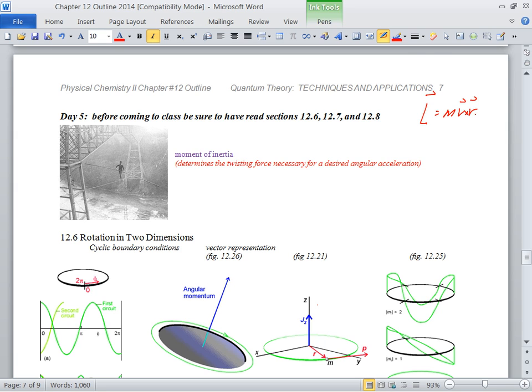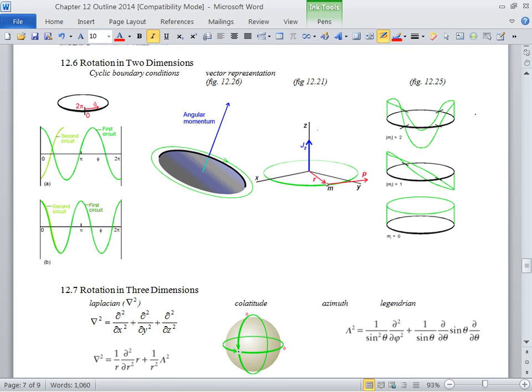Okay. So rotation in a couple dimensions here. So there's our phi. Remember, the diagram's kind of a hint. Phi can go from what to what? 0 to 2 pi.